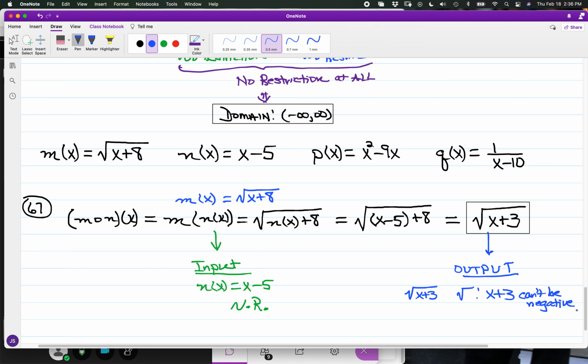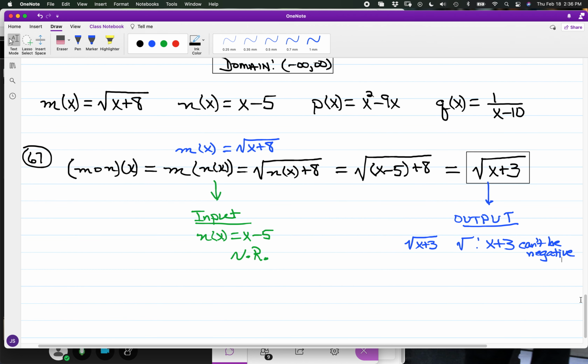So x plus 3 can be 0 and it can be positive. If x plus 3 is greater than or equal to 0, and I take 3 away from both sides, I have that x is greater than or equal to negative 3.